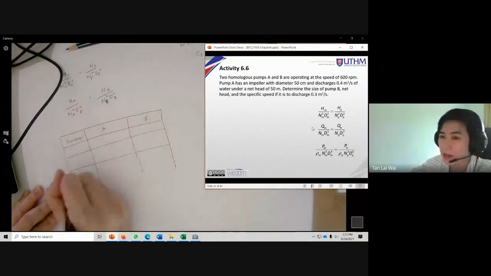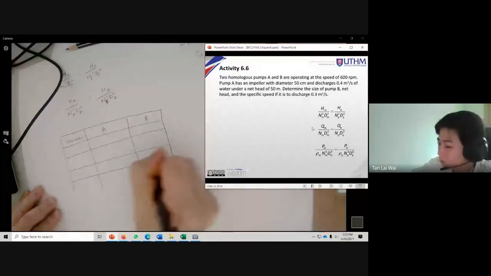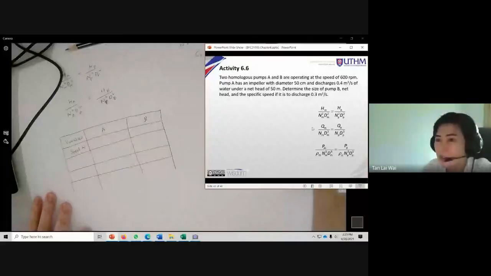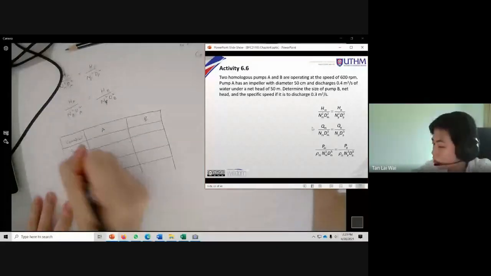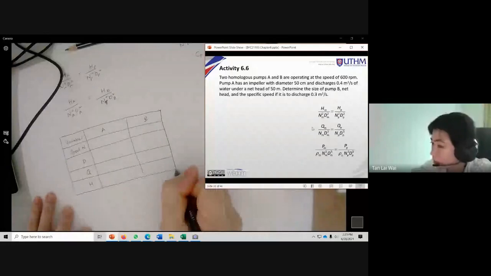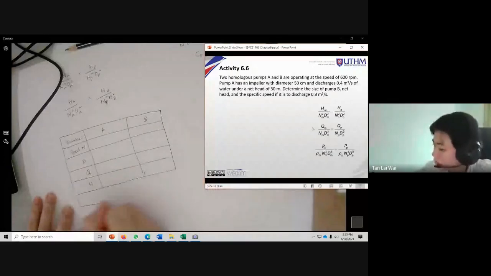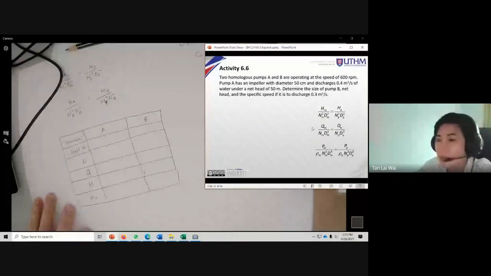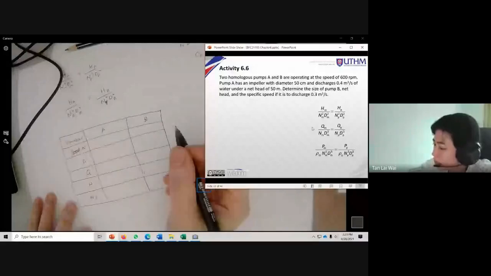So I have speed, which is n, the diameter, I just put D, discharge, and head. Of course, if I look at the question, you probably also need to find the specific speed. Now, A and B have the same speed.